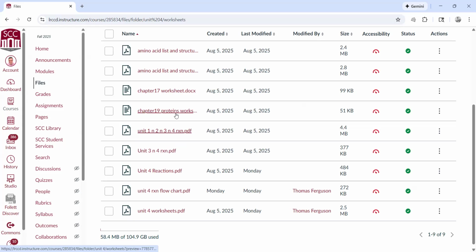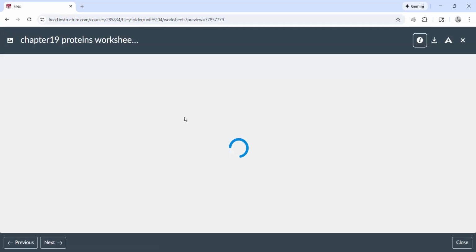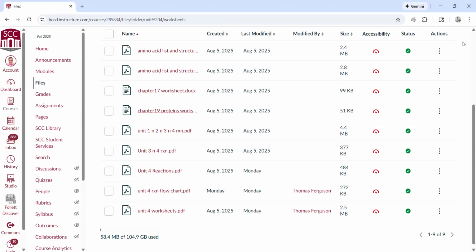Now we're going to talk about proteins a little bit today. Anyway, here's a worksheet regarding proteins as well. This one you have to download first. I don't know why some of them load and some of them don't. Just wanted to make sure you're aware that I did load extra practice.